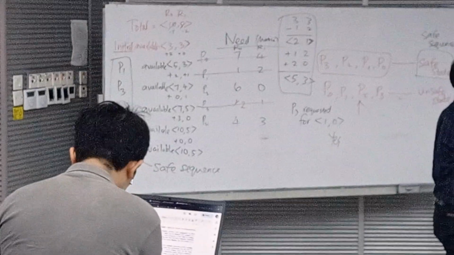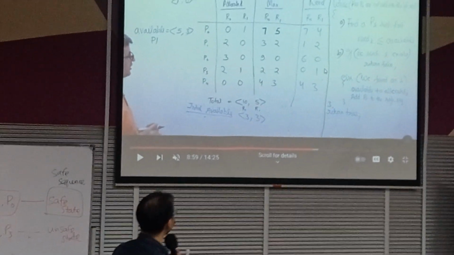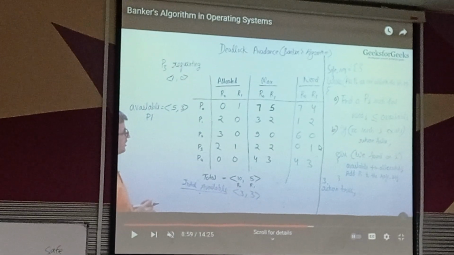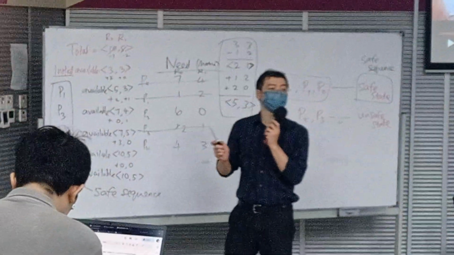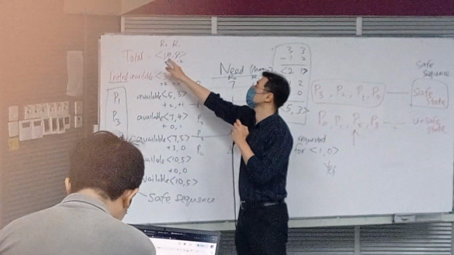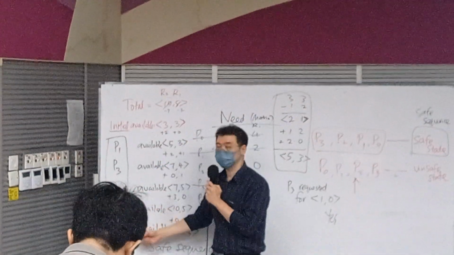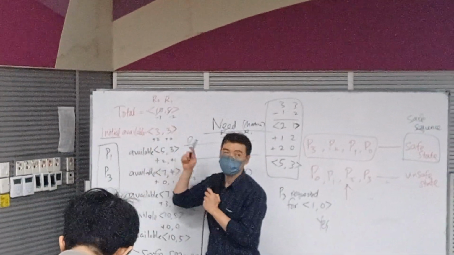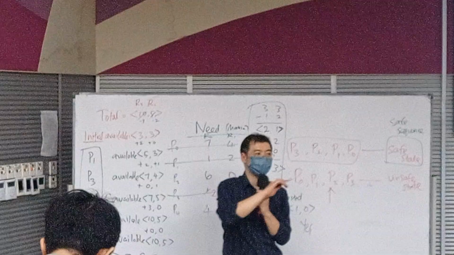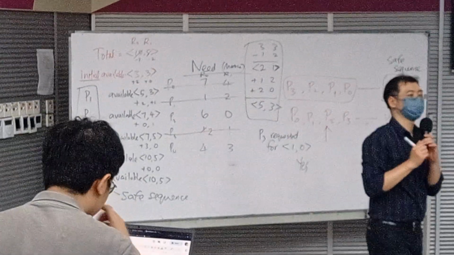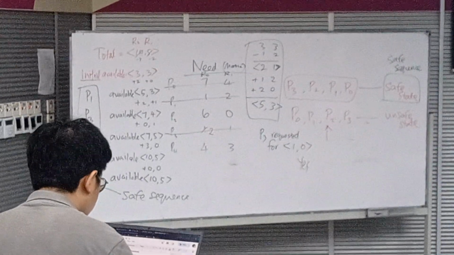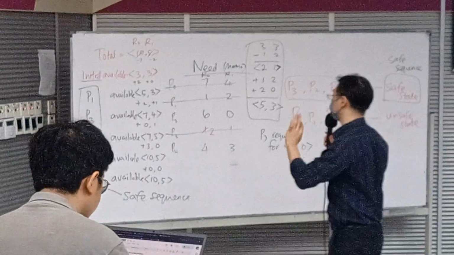But in this banker's algorithm, we try to minimize this total available. We want to find, if let's say we have this much, can we find a safe sequence? And this safe sequence will only allow one process to run until completion.